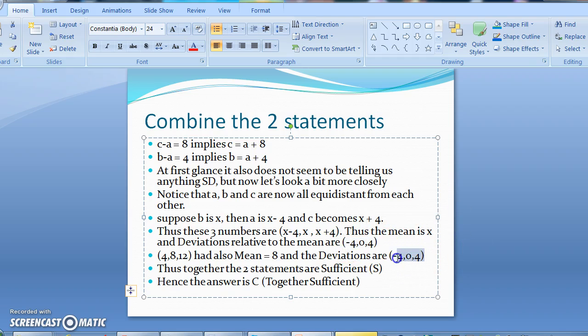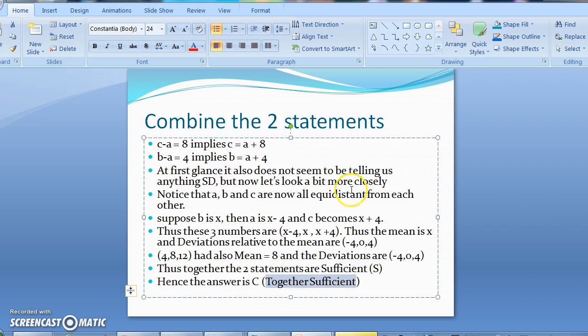These two have the same deviations from the mean, and both have the same number of terms. Hence, if you do the calculation of SD, you're going to find that the SD is the same. Thus, together, we can answer the question that the two SDs are equal. So, the two statements together are sufficient. Hence, the answer is C, together sufficient.